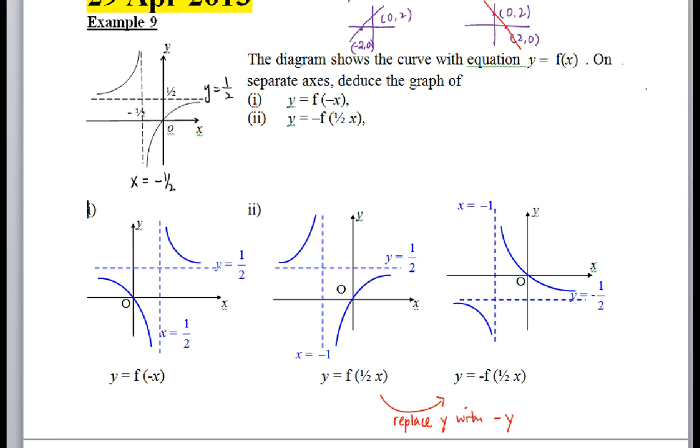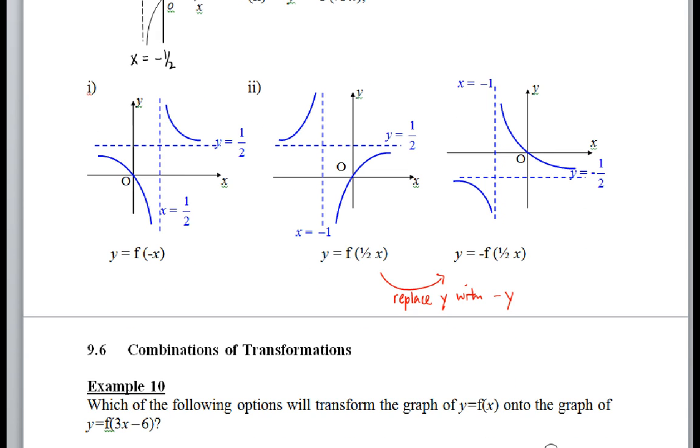Any confusion? All okay? With this, then we can go on to more complex examples. We're going to go on to something called combinations. That means it's not just one transformation, it's more than one at one time. Follow? Okay. This is very important.